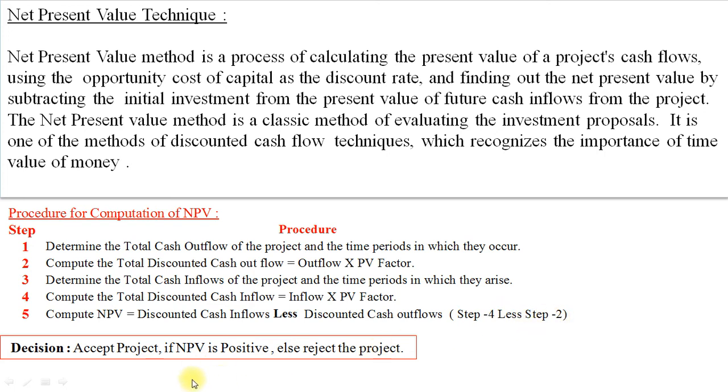And finally, the decision for the project by applying the net present value technique is: accept the project if NPV is positive, else reject the project.